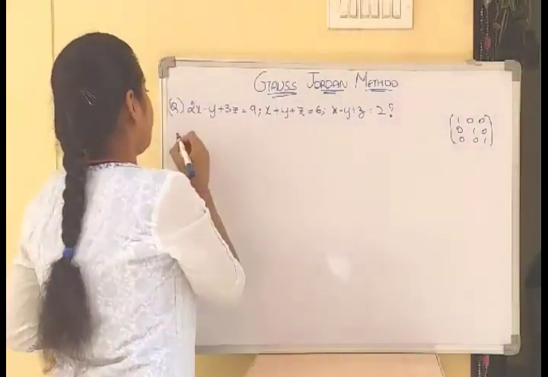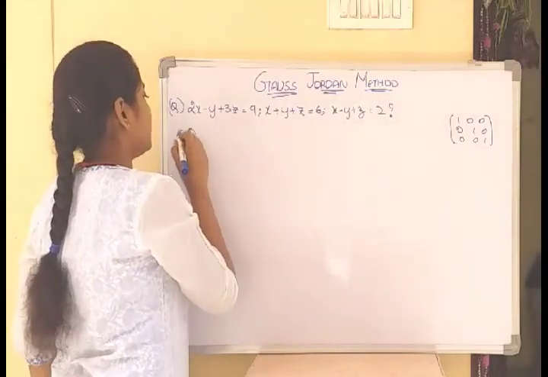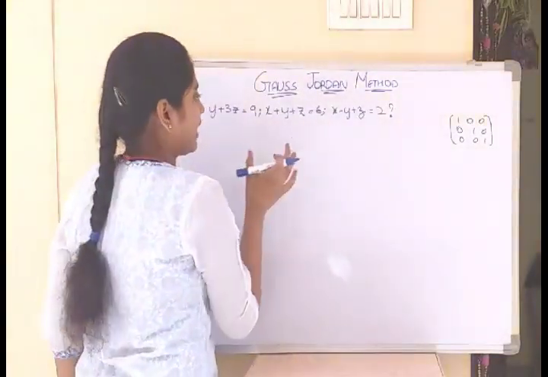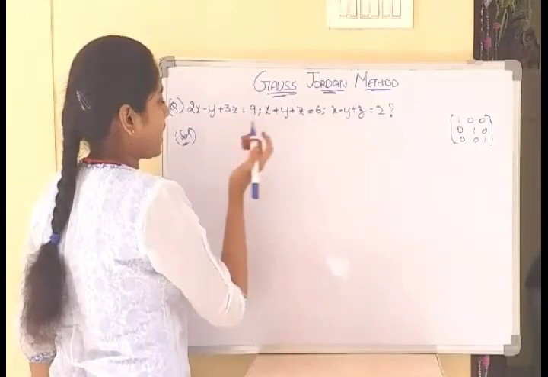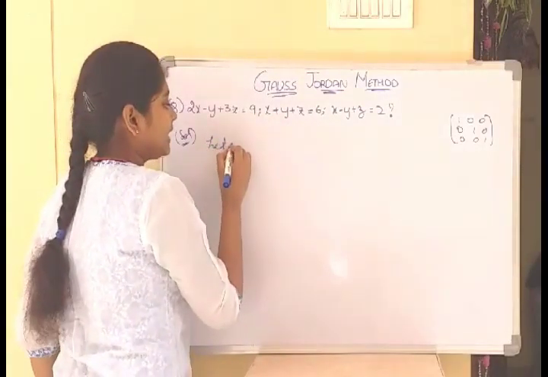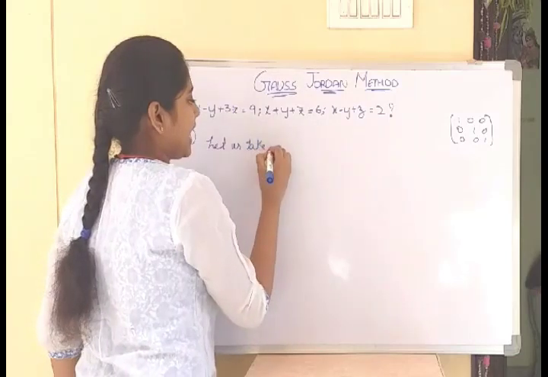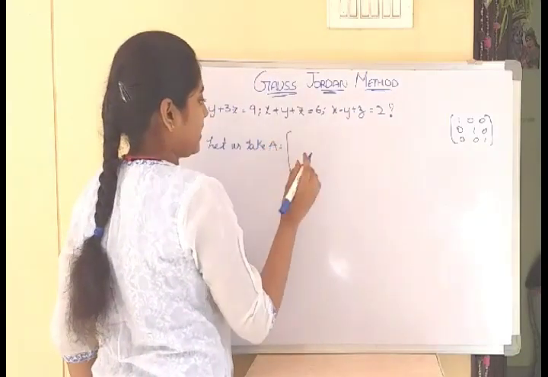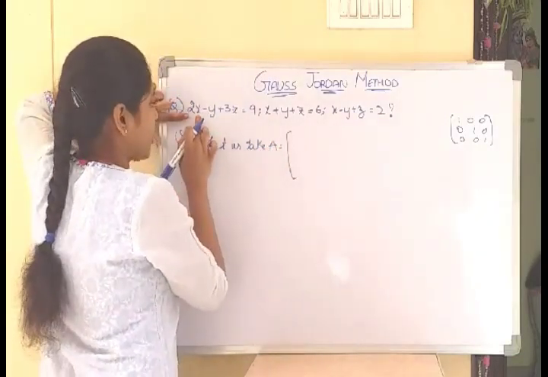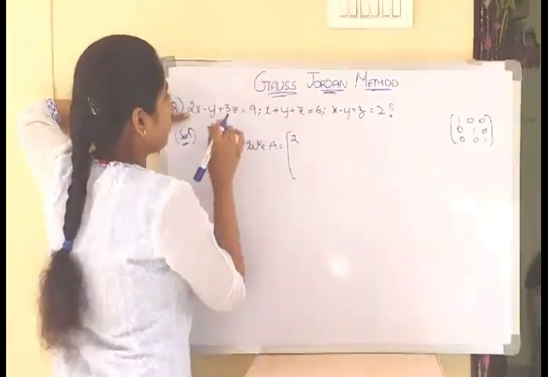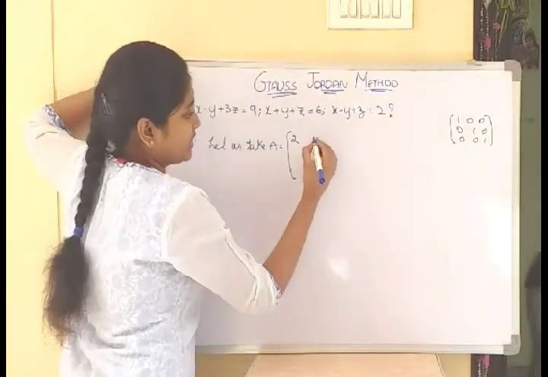The first step: we need to write the equations in matrix form. Let us take A as the matrix. What is the coefficient of x? It is 2. The coefficient of y is minus 1.